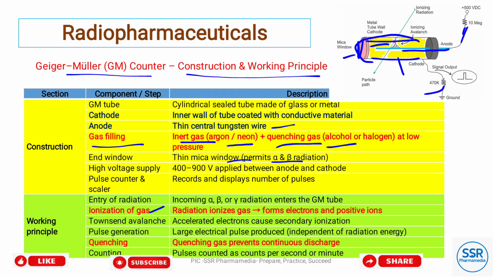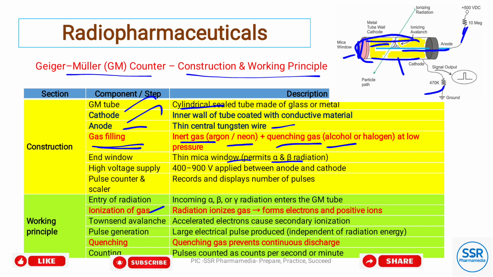Next is the ionization of gas, the working principle. Till now we have seen the construction. The GM tube is a sealed cylindrical tube that acts as the cathode, and the center tungsten wire acts as the anode.